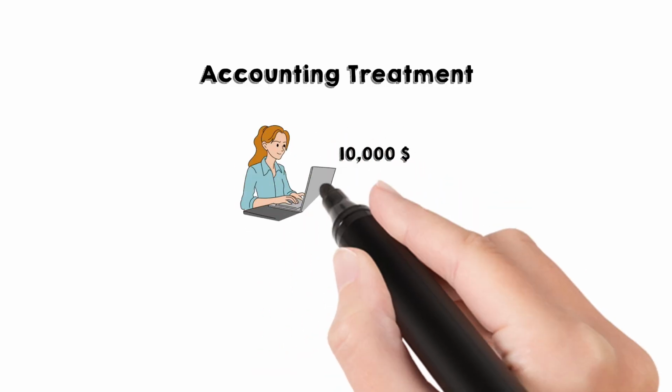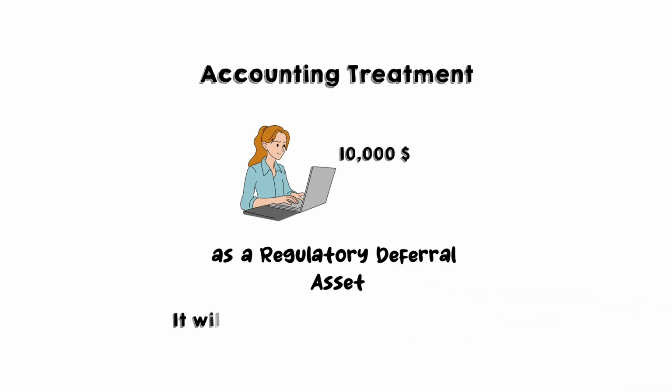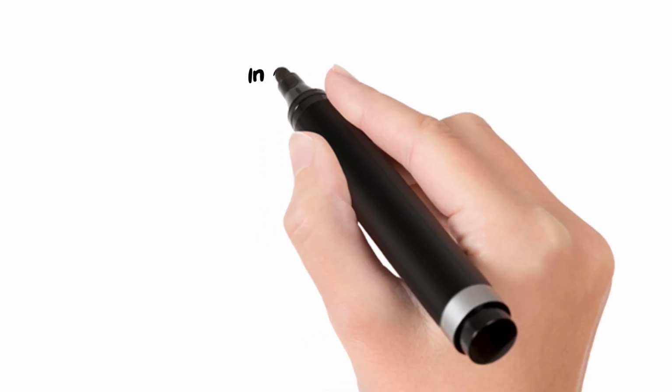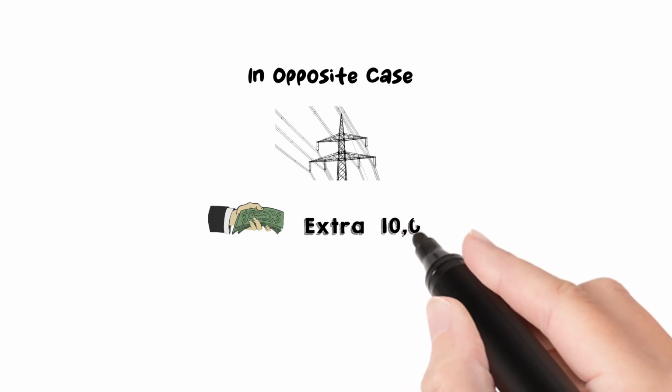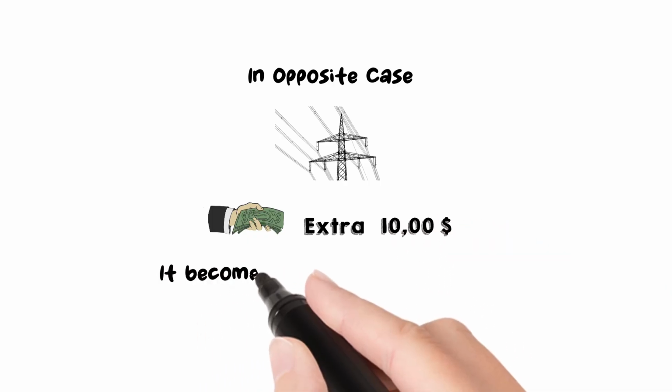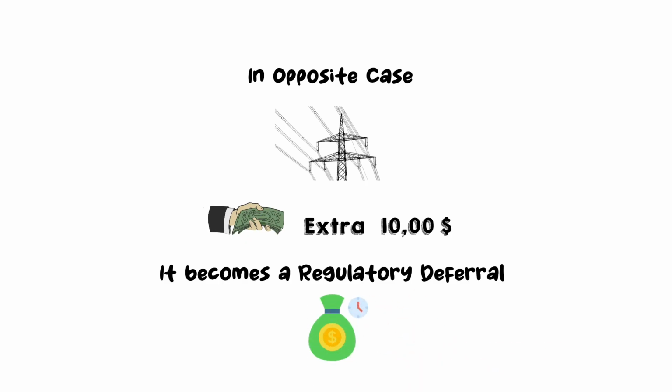Accounting treatment: this $10,000 is recorded as a regulatory deferral asset. It will be recovered in future tariffs. In the opposite case, if the company recovers an extra $10,000, it becomes a regulatory deferral liability.